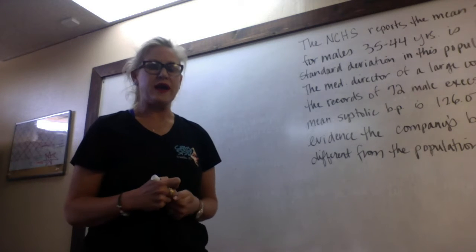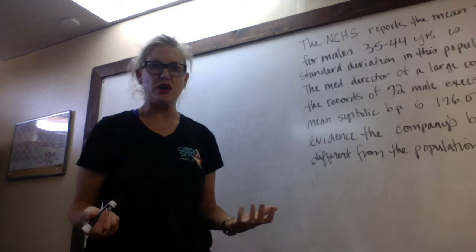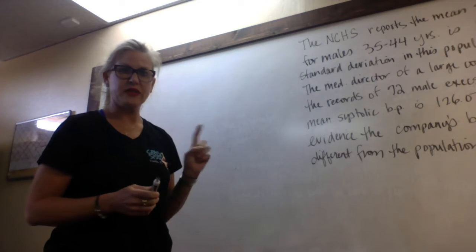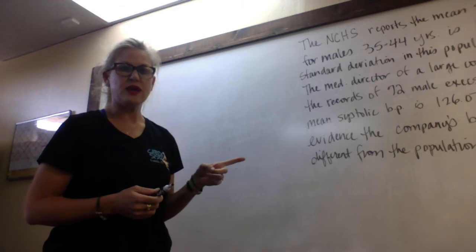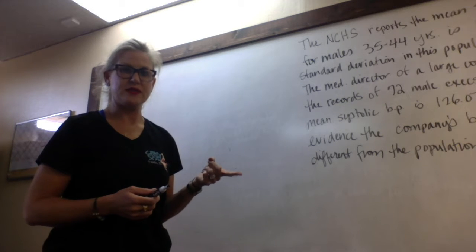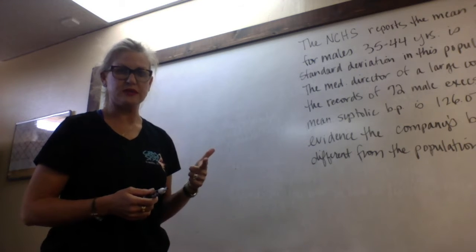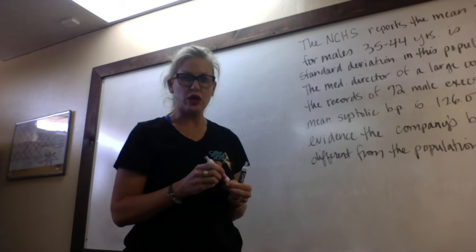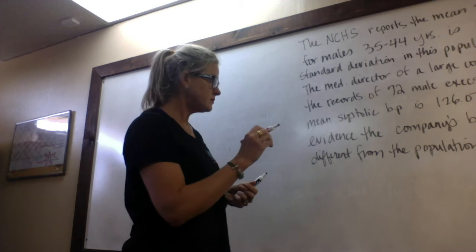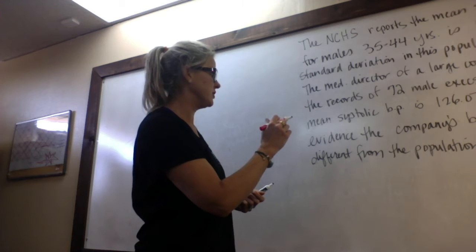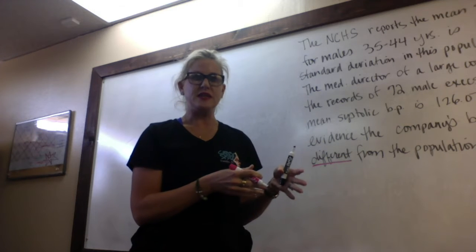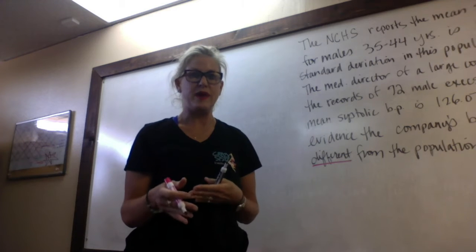The first thing you have to do is state your hypotheses. And you have to determine, based on the language in the problem, is your alternative hypothesis one-tailed or two-tailed? That is determined by one keyword or a couple of keywords. This particular medical director wants to know if the executives in the company are different from the population.